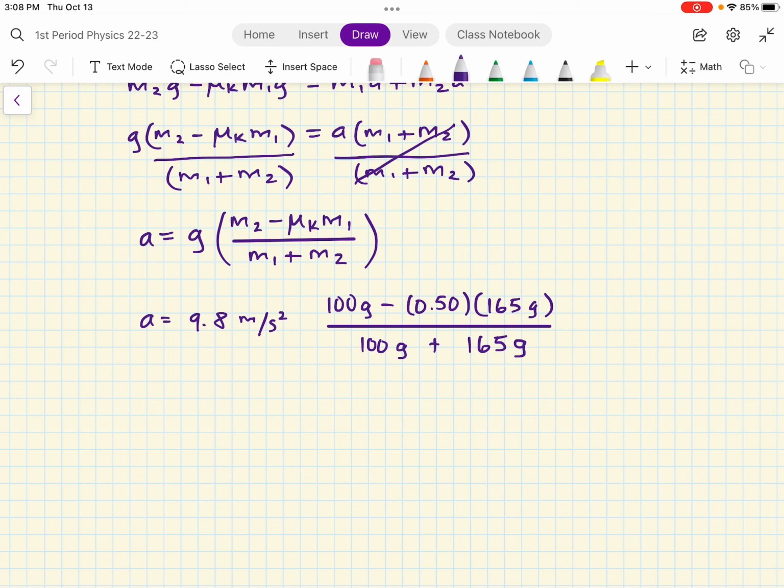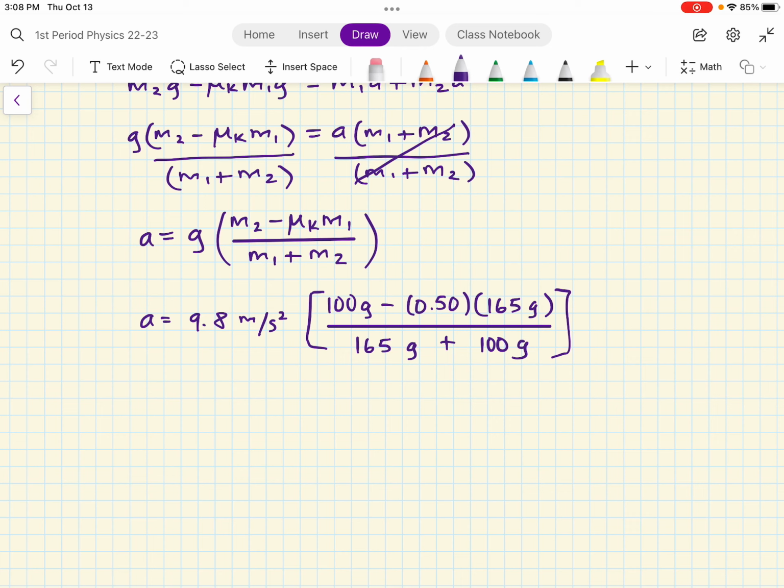Well, I think I flipped them. It should be 165, because mass 1 was... Numerically, it would have been the same, but let's have consistency, right? M1, 165 grams plus 100 grams. I'll use brackets because I already used parentheses.